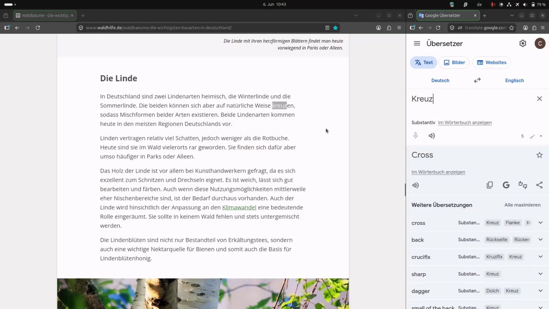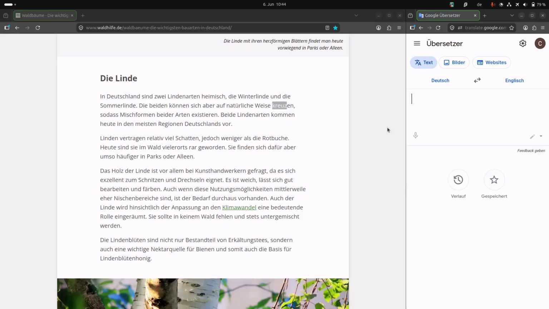And kreuzen basically also means cross in English. The noun can very often also be the verb, so kreuzen in German is different from Kreuz, and in English it goes cross and cross. So, natürliche Weise kreuzen, in a natural way cross, sodass, so that.